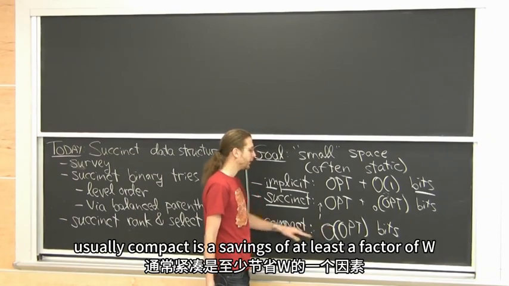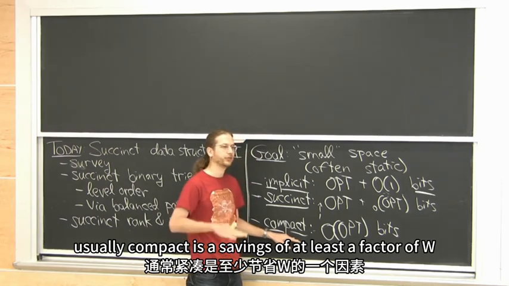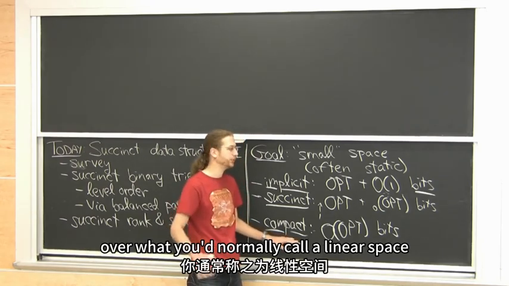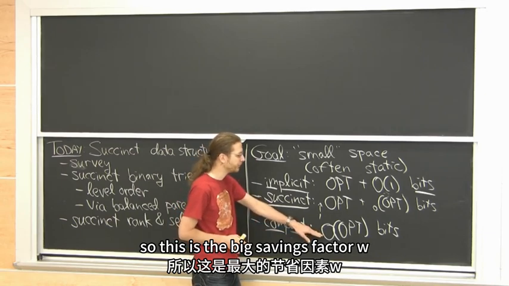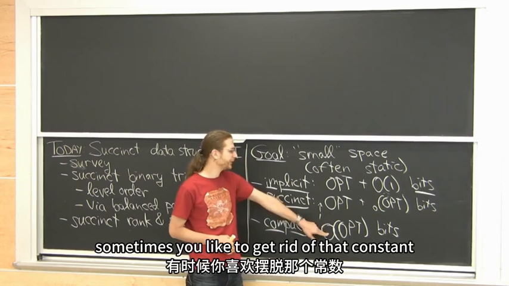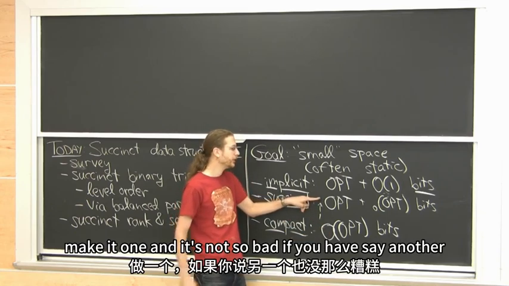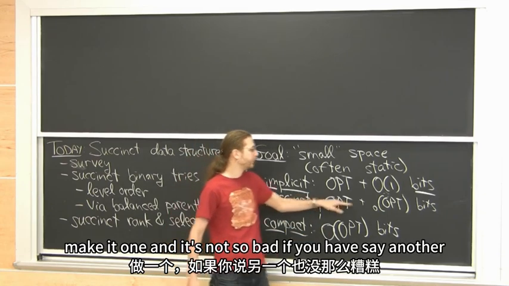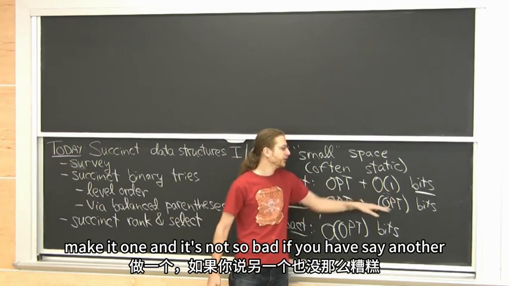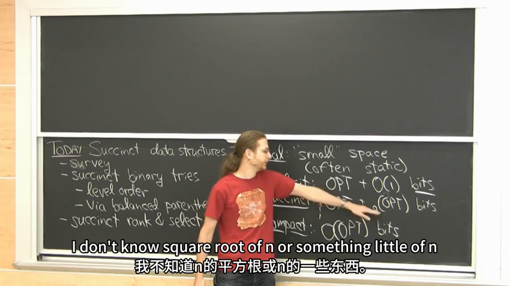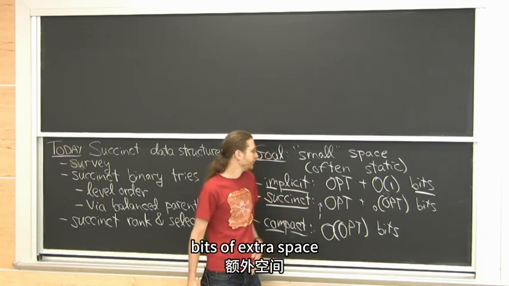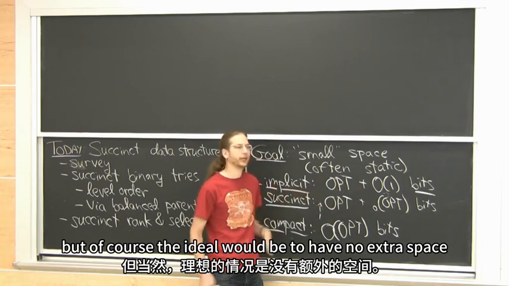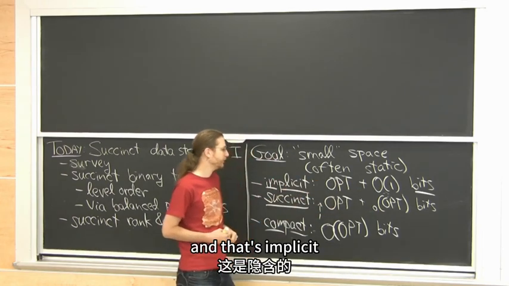Usually compact is a savings of at least a factor of w over what you'd normally call a linear space data structure. So this is the big savings, factor w. But there's a constant here. Sometimes you like to get rid of that constant, make it 1. And it's not so bad if you have, say, another, I don't know, square root of n or something, little o of n bits of extra space. But of course, the ideal would be to have no extra space, and that's implicit.